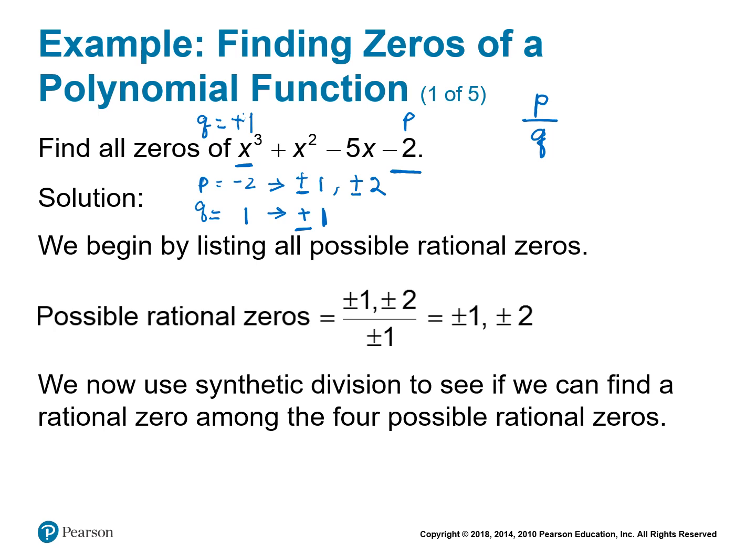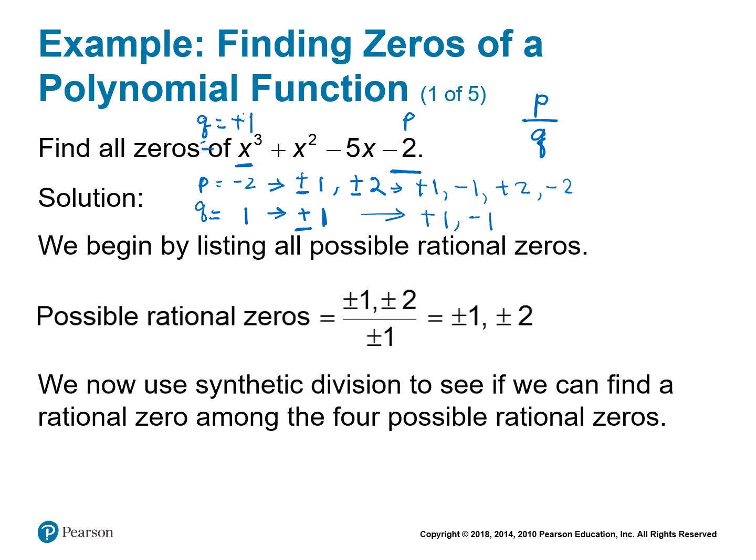So just a second, I'm going to write here the values of P separately. So it's actually plus 1, minus 1, plus 2, and minus 2. And likewise for Q, it's plus 1 and minus 1.